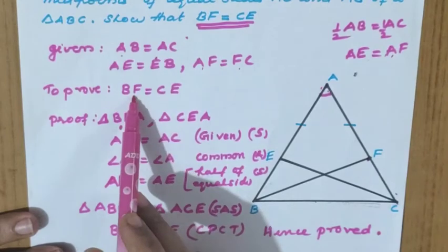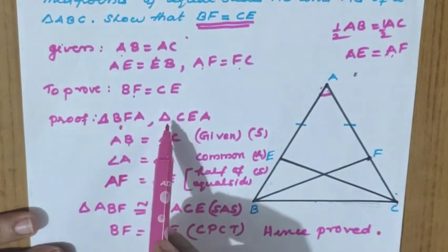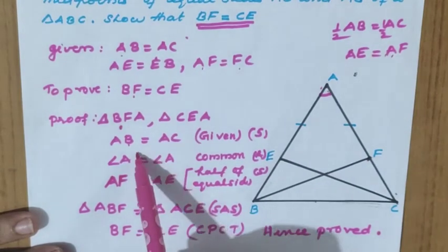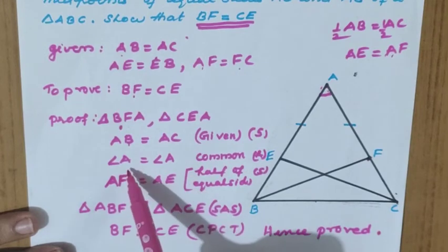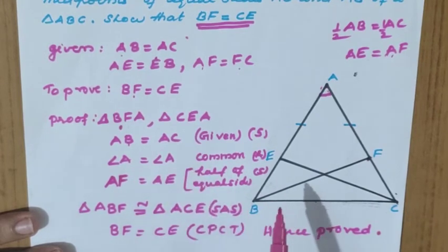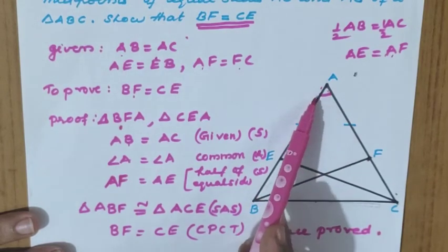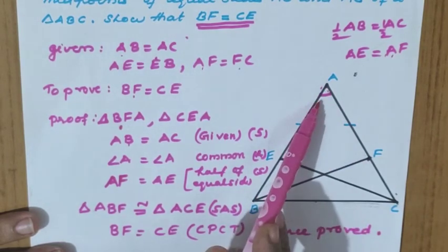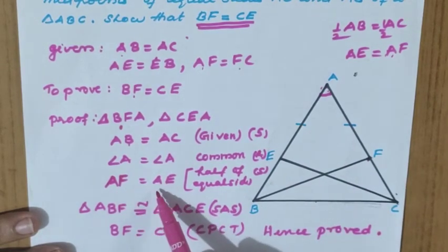So the triangles with BF and CE, we had taken BFA and triangle CEA. So AB equal to AC, that is the given side. Next, angle A equal to angle A common. Next, we have taken the long side AB, angle also we have taken. For making this angle included, which side to be taken? AF. So AF equal to AE.